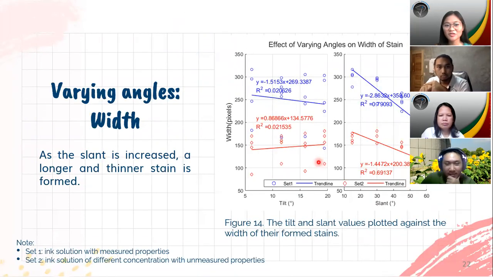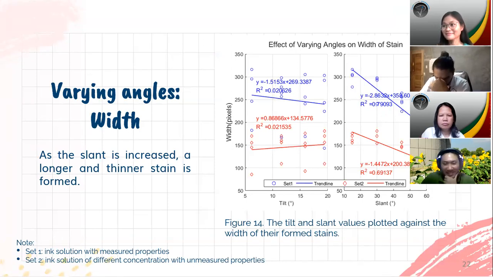Opo. It's because the difference in the tilt angles used was too small, kaya medyo hindi makita yung trend. Compared here, sobrang laki ng difference nila, kaya mas obvious siya.